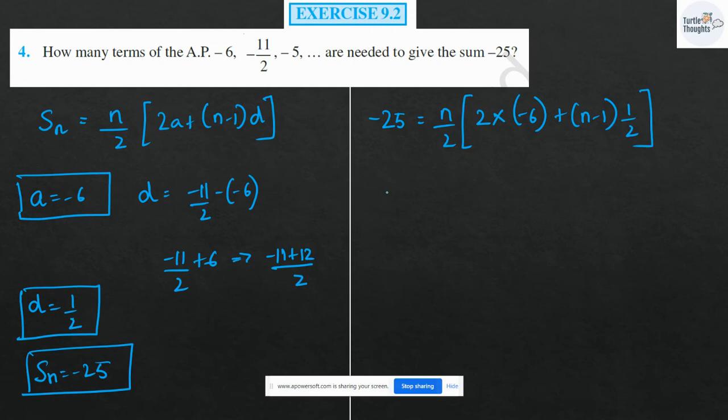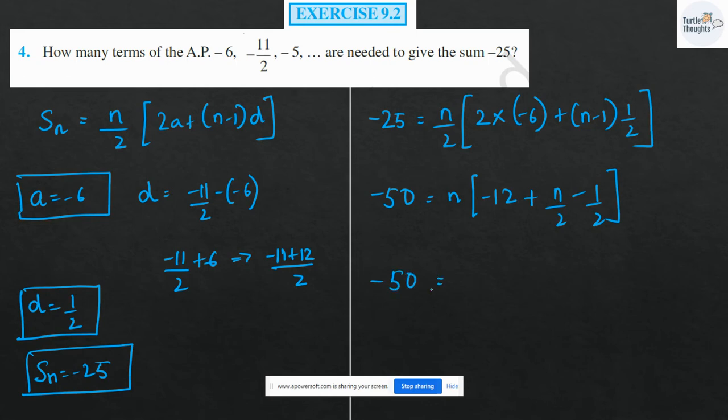So I'll take 2 to the other side, so I will be getting minus 50 will be equal to n multiplied by minus 12 plus n minus 1 into, so I can write n into 1 by 2, which is n by 2 minus 1 by 2.